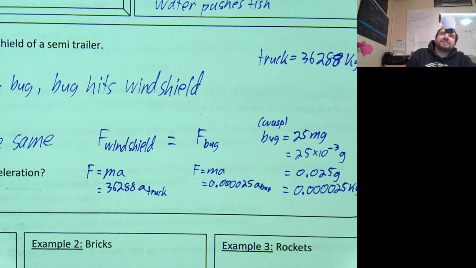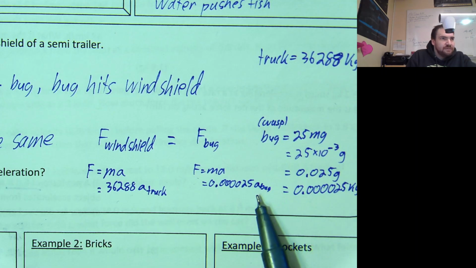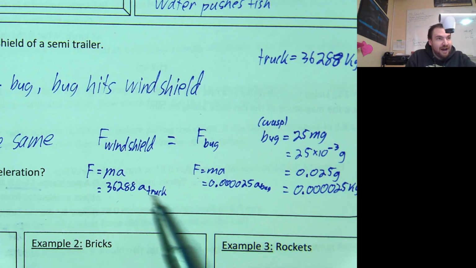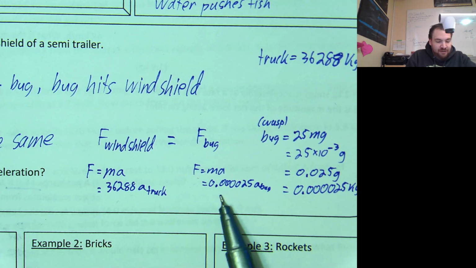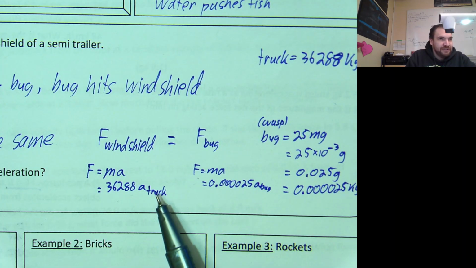If these forces have to be equal, which of these accelerations has to be larger? The bug's. Much, much, much larger. Because we're talking on the order of a million. There's a million times difference here between the acceleration, and almost a million, maybe 100,000 times the difference between the truck and the bug. So is the truck going to even notice the impact of a single wasp?